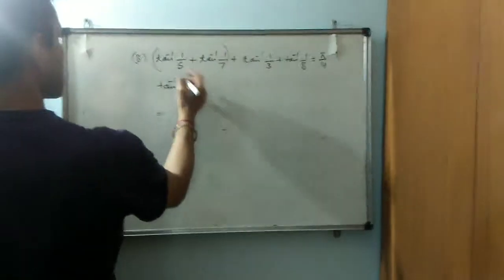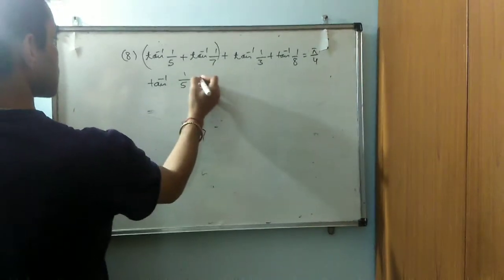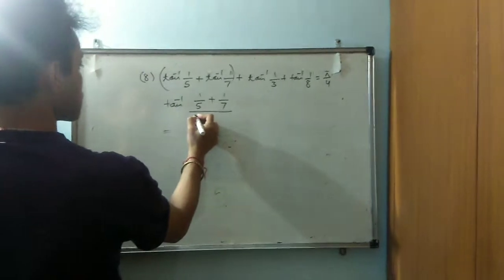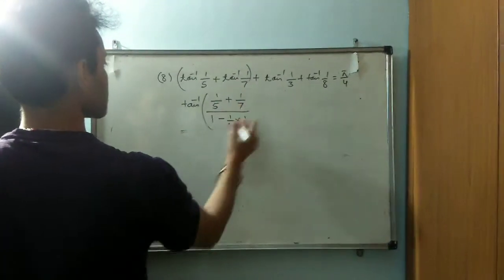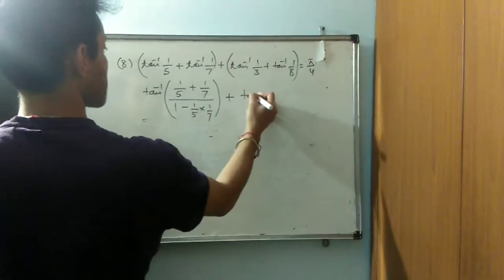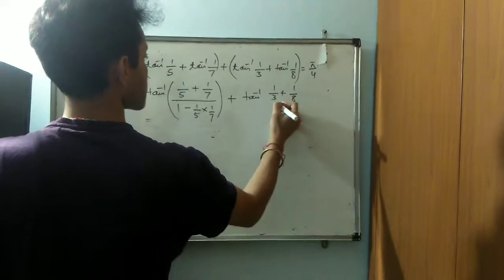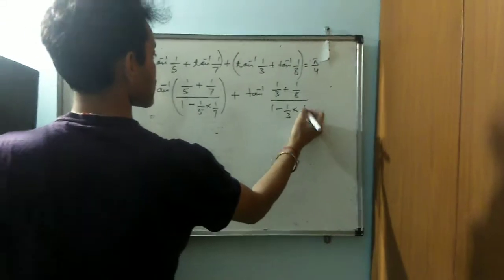First, apply it for tan inverse 1 upon 5 plus tan inverse 1 upon 7. This becomes 1 upon 5 plus 1 upon 7 whole divided by 1 minus 1 upon 5 into 1 upon 7. For the next two, when we are applying the identity, it becomes 1 by 3 plus 1 by 8 upon 1 minus 1 by 3 into 1 by 8.